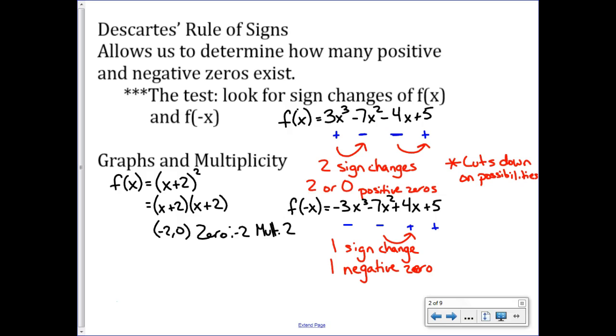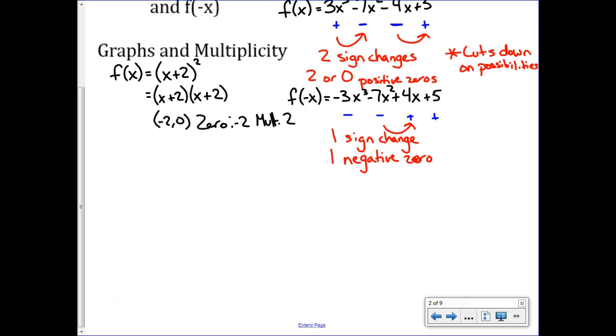So when we have an even multiplicity, it is going to bump, bounce, or touch, depending on what you want to say. It's a bump, a bounce, or touch on the graph.